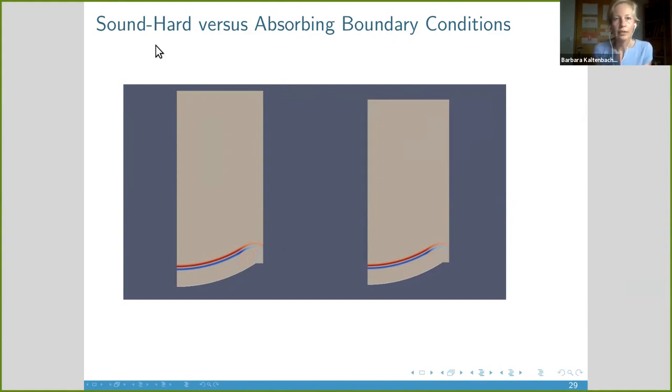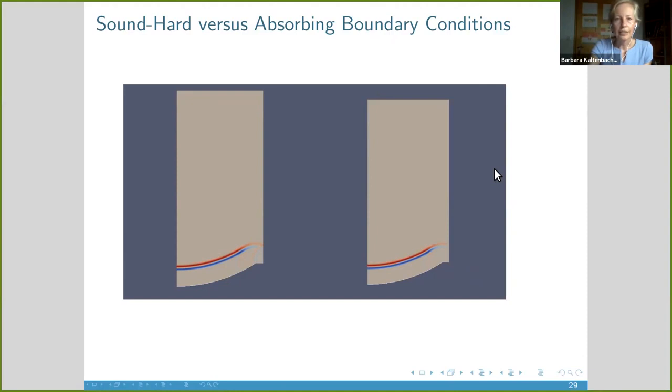So we have put sound hard, that means homogeneous Neumann here. And you will see that here on the left side, waves will get reflected, whereas we would like to see these waves just travel on through these artificial boundaries and travel on through free space. And that's actually going to happen here on the right-hand side, where we use an absorbing boundary condition.